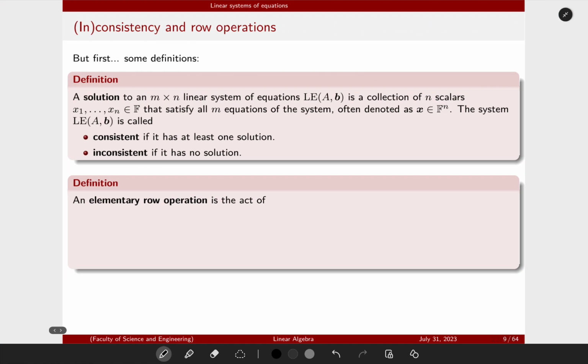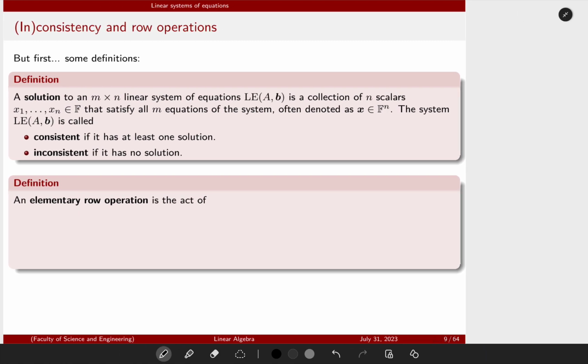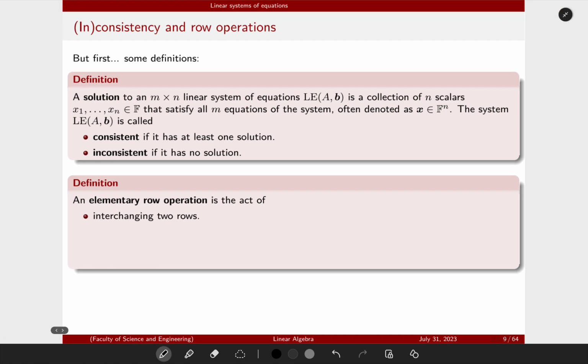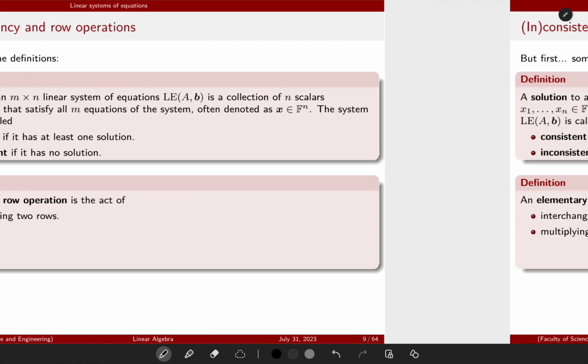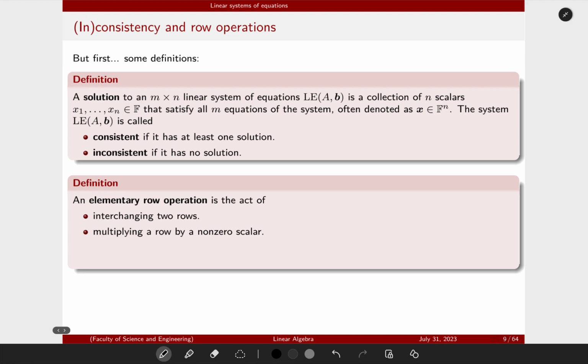Then we also define the notion of an elementary row operation. There are three elementary row operations. You can interchange two rows. Of course, if you interchange the rows, nothing changes about the solution of the system. You can multiply a row by a non-zero scalar. Of course, if I, for example, have the equation 6x1 equals, let's say, 3, and I multiply this by 100, the value of x1 will not change.